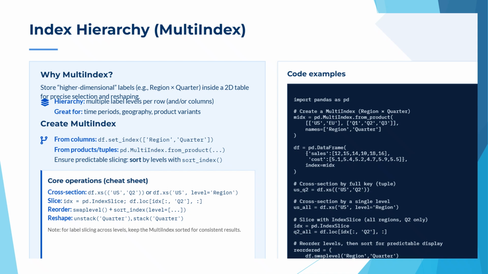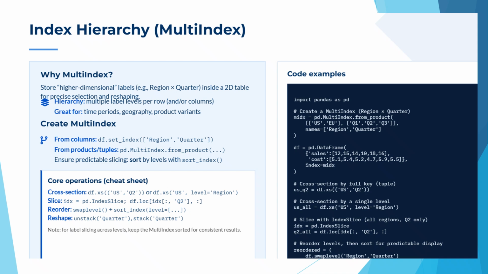Creating multi-index. A multi-index can be created in multiple ways depending on the structure of the data. One common approach is to convert existing columns into index levels using df.set_index(['region', 'quarter']), which organizes the data frame hierarchically based on those columns. Another approach is to generate a multi-index from combinations of values using pd.MultiIndex.from_product, which creates all possible pairs from given lists such as all regions and quarters.